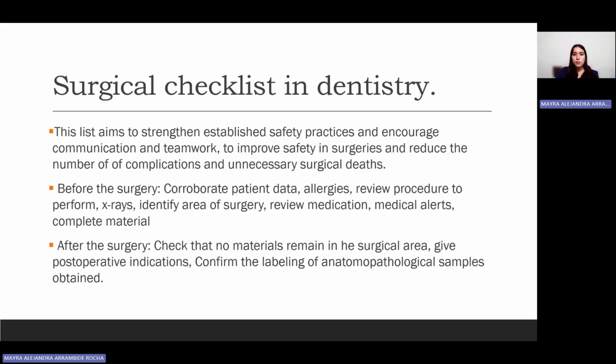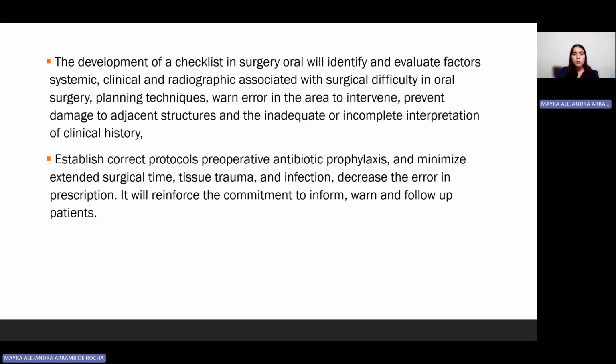The development of checklists in oral surgery will identify and evaluate systemic, clinical, and radiographic factors associated with surgical difficulty in oral surgery. Planning techniques. Avoid errors in the area to intervene.